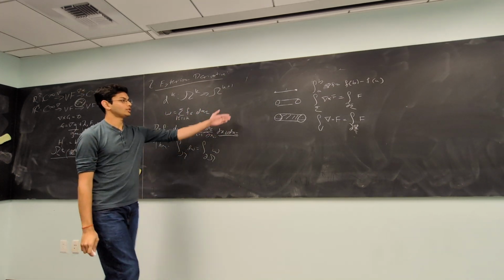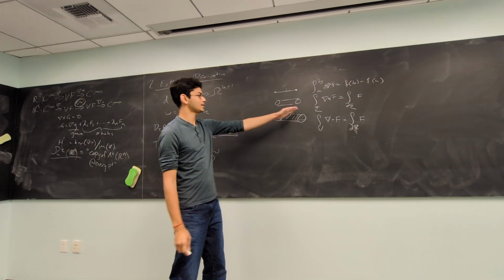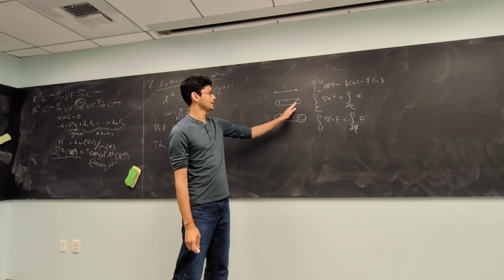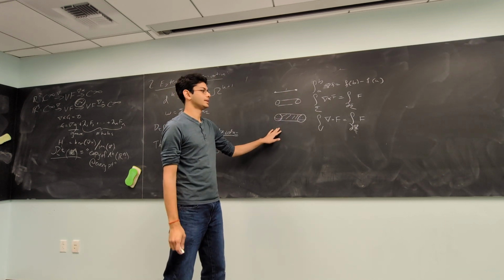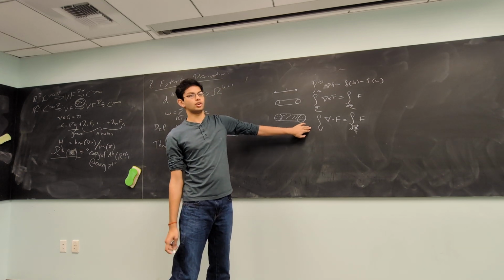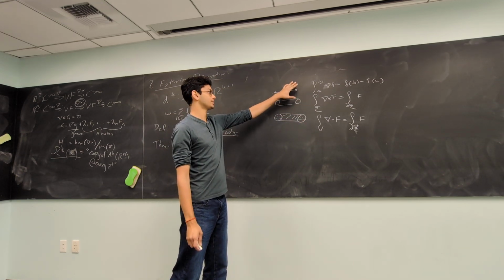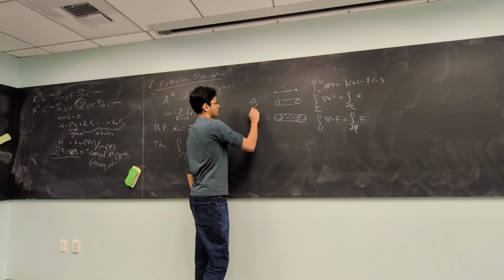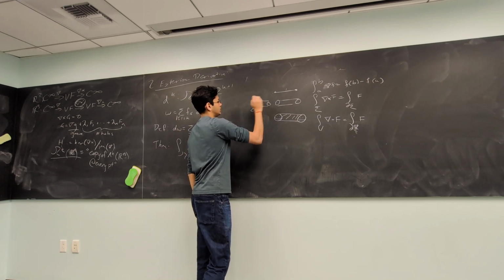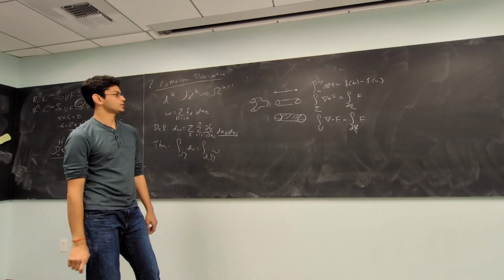You can see that these are all kind of saying the same exact thing, because in this case the boundary is just going to be these two circles. We take this guy minus this guy. In this case the boundary is going to be these two spheres. We take this guy minus this guy. Except these statements are a bit stronger. They're a stronger generalization of the fundamental theorem of calculus, because you can also do some more interesting figures like this, which if you don't know is called a pair of pants.